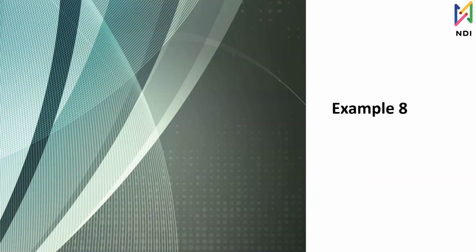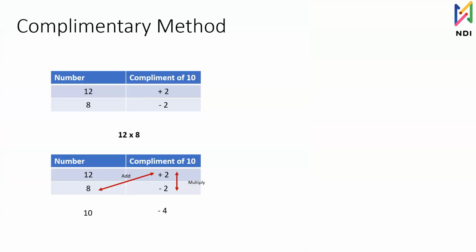So we will see one more example where we have a mix of a number more than the base and another number which is less than the base, right? So we have 12 into 8. So 12 will be represented as plus 2, 8 will be represented as minus 2, right? So what do you do?